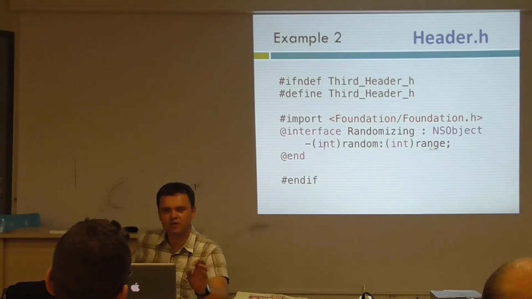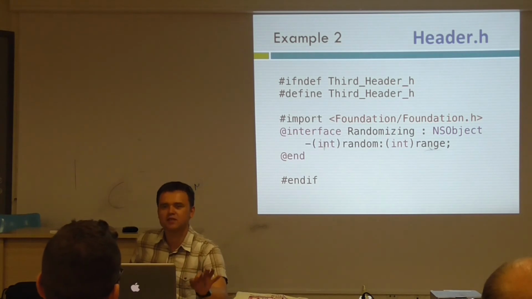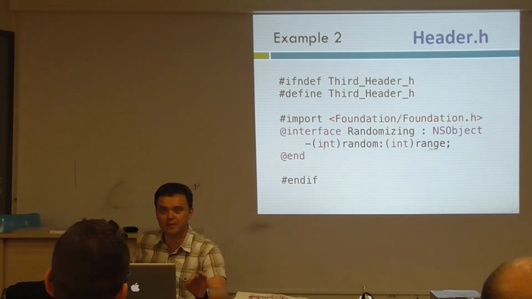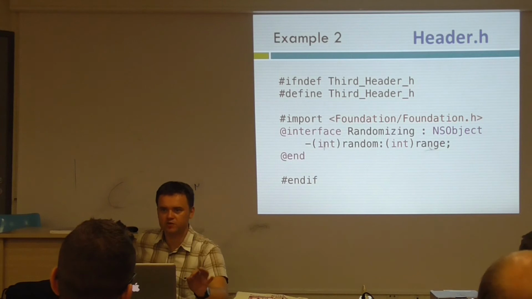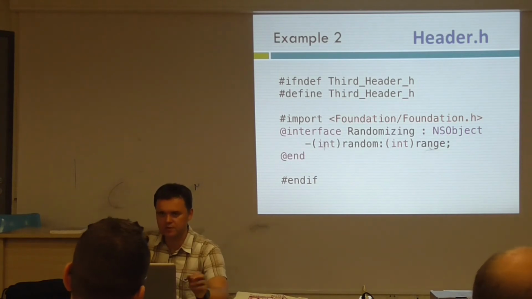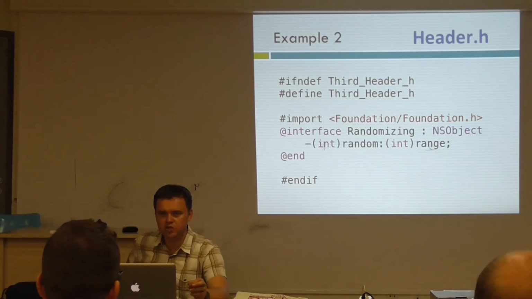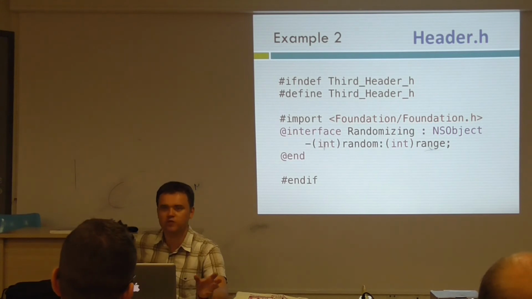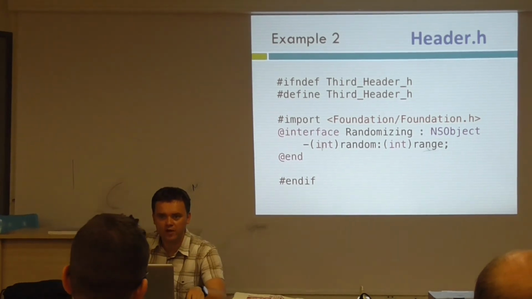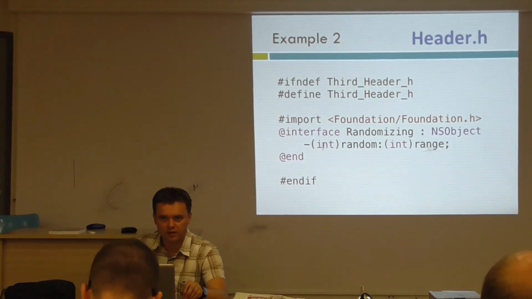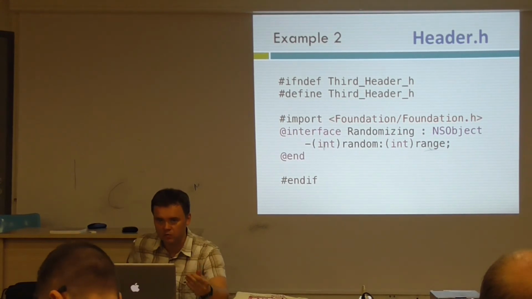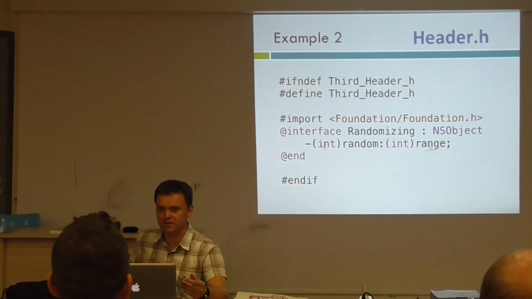We can also store in header files definitions of types, definitions of structures, structure types, definitions of types by the use of typedef. Okay, we can put also some constant values. Okay, also, but it's a definition.